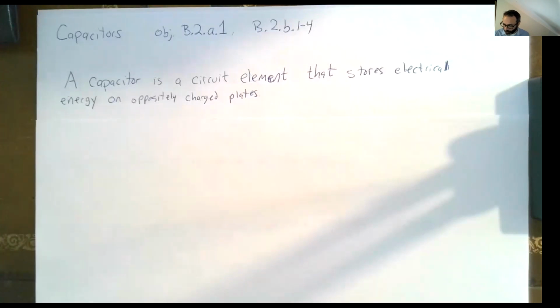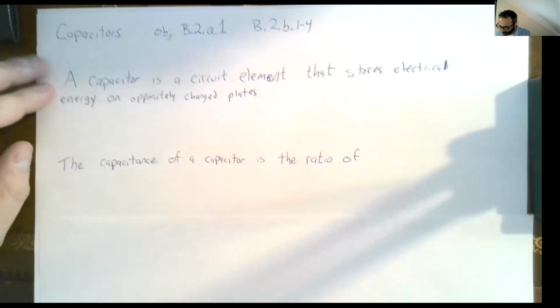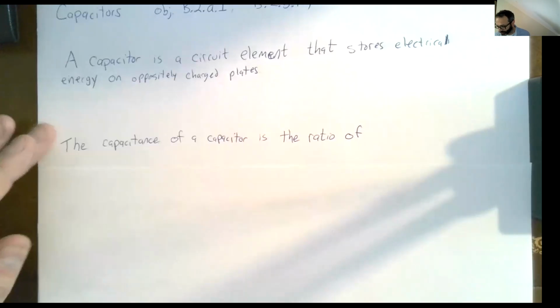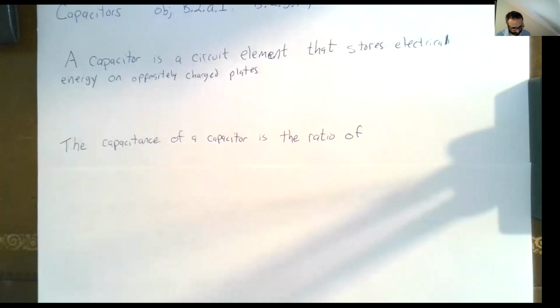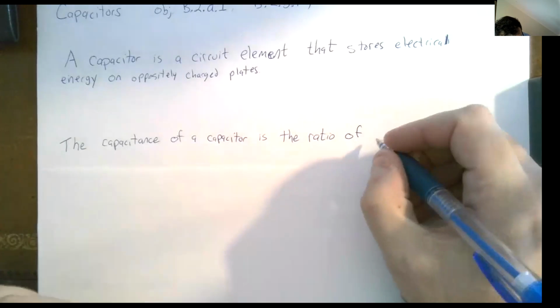Okay. So we're storing electrical energy on oppositely charged plates. That's a capacitor. The capacitance of a capacitor is the most important property of a capacitor, and that's the ratio of the charge on the plate to the potential difference between the plates. Let me write that down before I explain.